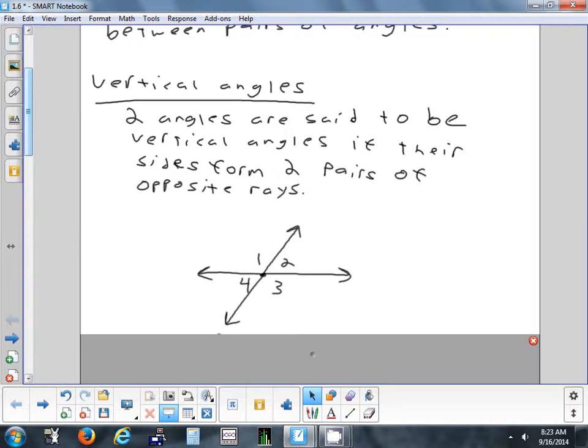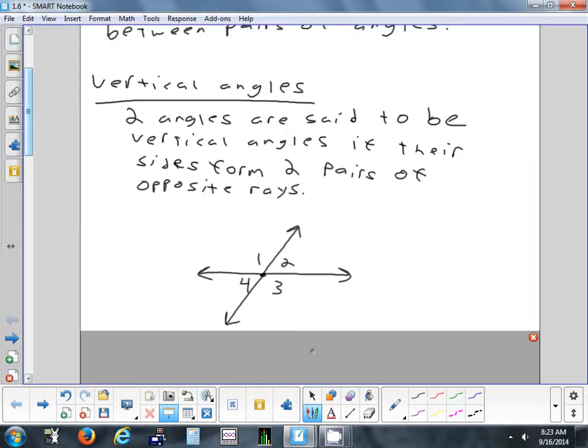There's a picture of some vertical angles. Let's focus on the first example, 1 and 3. Let's say this is angle 1. Just draw it in a different color so you can see it. This is angle 3, in blue.